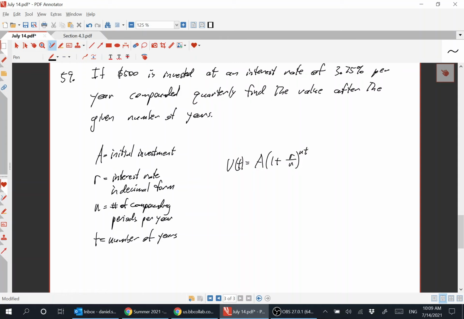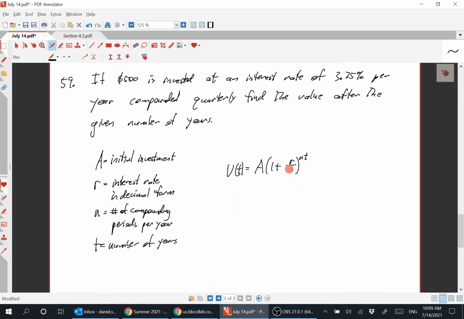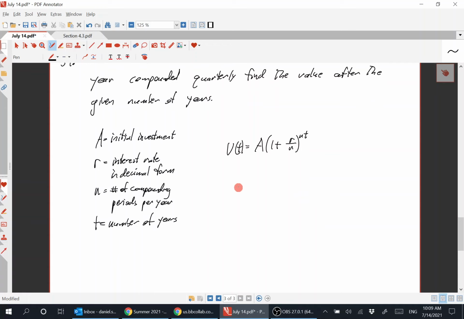All right, so that's your base function, your exponential function with this base here. The base changes with the interest rate and the number of compounding periods. Right, so they're asking about 1 year, 2 years, 10 years for this $500.